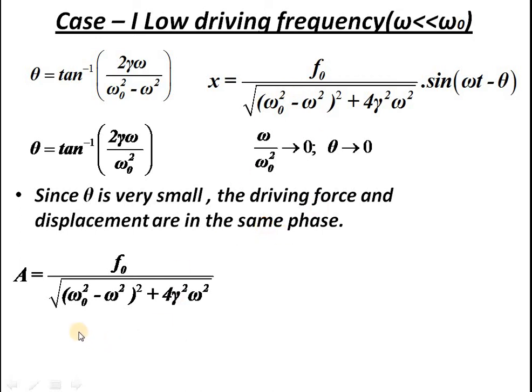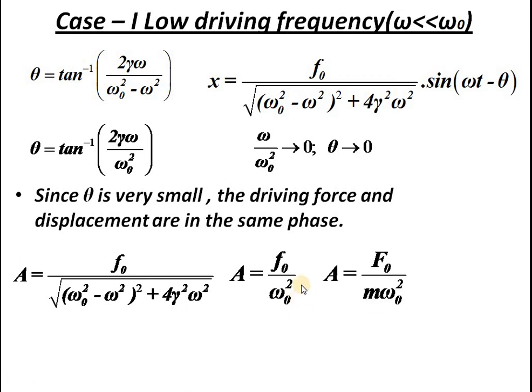Again, go for the amplitude. In the denominator you can see this factor. The first term automatically becomes omega 0 square, because omega square is negligibly small, and the other term is also very small. So ultimately what is left is simply f0 divided by omega 0 square.